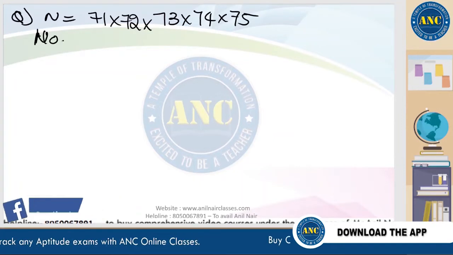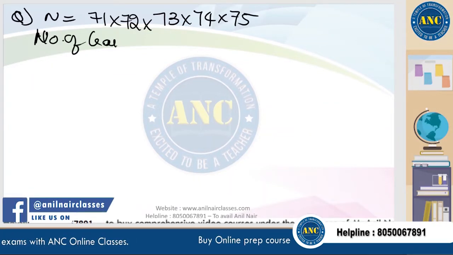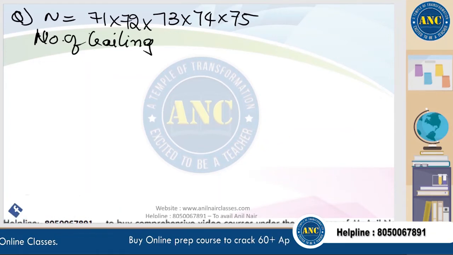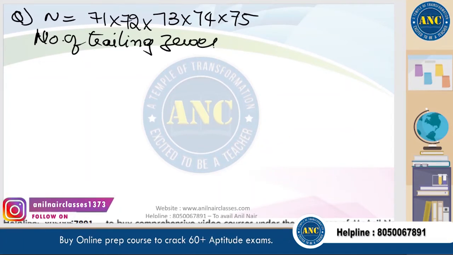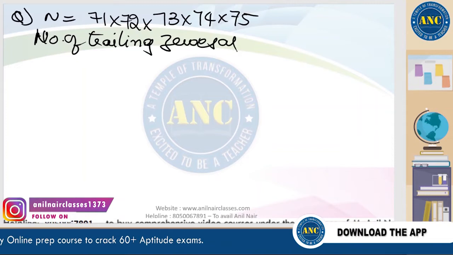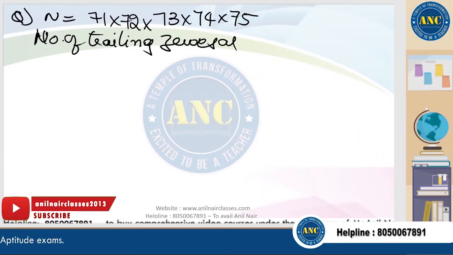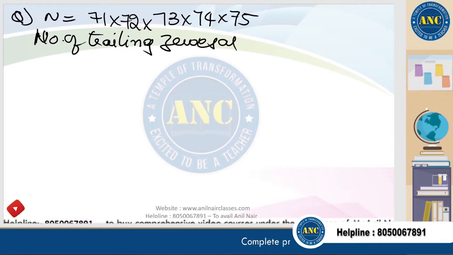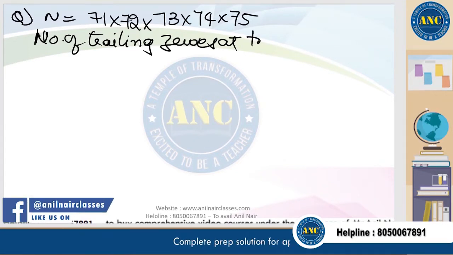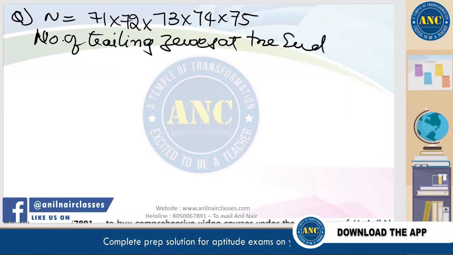Find the number of trailing zeros at the end. It's a very simple question. What will be the answer?